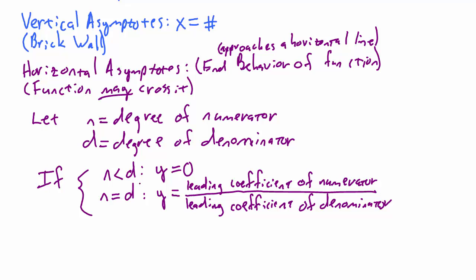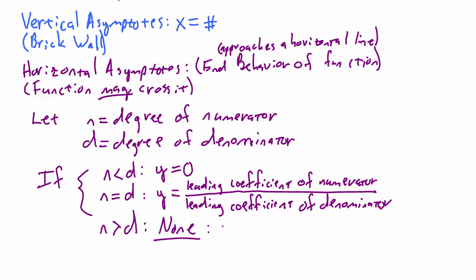Okay, fantastic. And now the only other possibility that we have is that n is greater than d. In other words, the degree of the numerator is greater than the degree of the denominator. When this happens, there is not a horizontal asymptote.